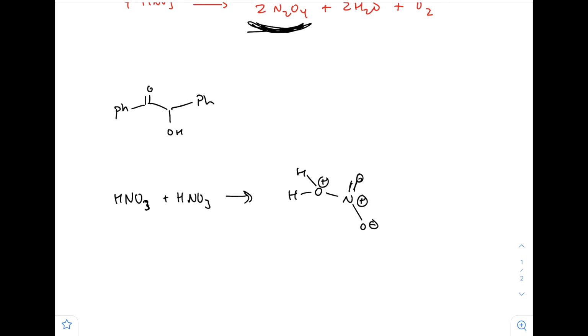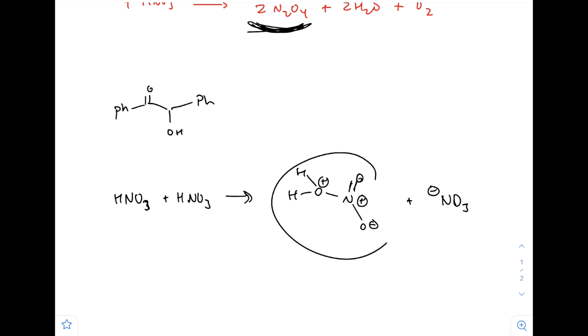Okay, this is basically our auto-ionization, and NO3 minus, right? Auto-ionization of water, right? We're familiar with that. Two waters make hydronium ions and hydroxide ions. So let's do the same thing here.